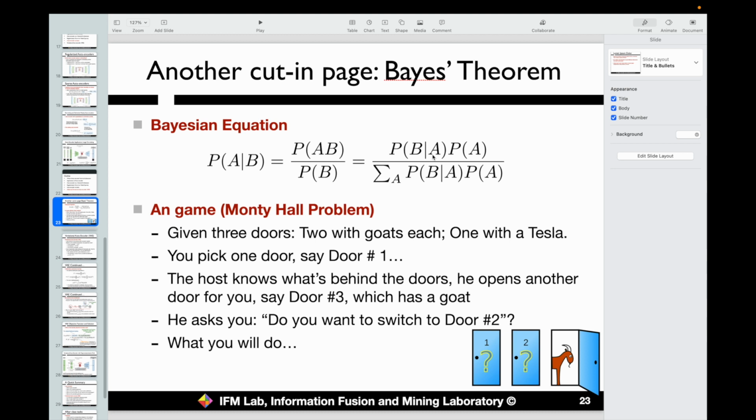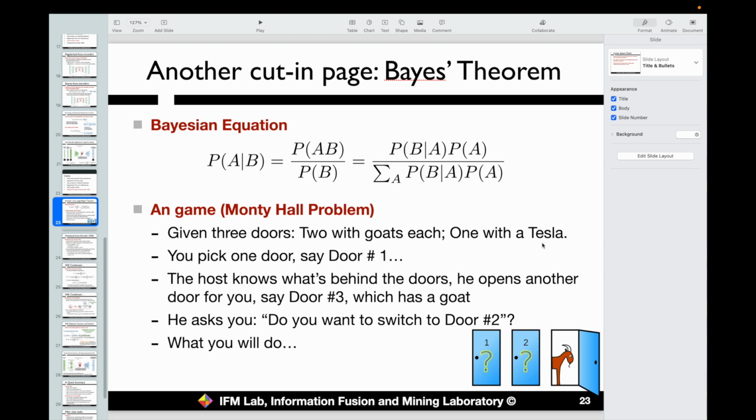So at the bottom, we show you a game. Let's assume we have 3 doors, and 2 doors have a goat behind them. One has a Tesla, like a Model X, behind it. I assume everyone wants to pick a door with a Tesla, and no one wants a goat, because nowadays a goat would be useless.